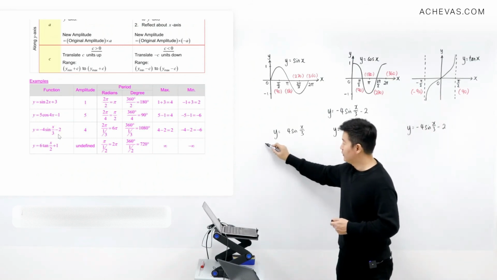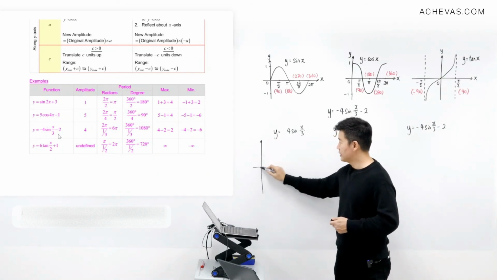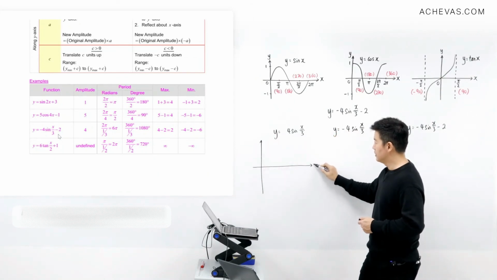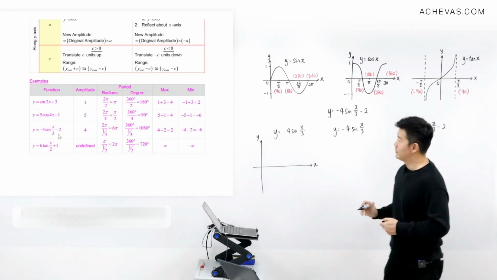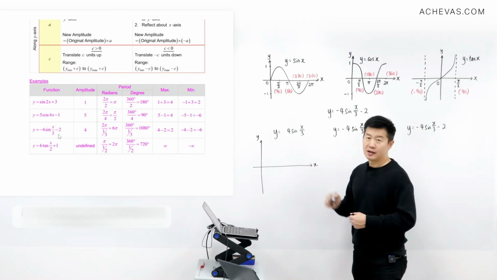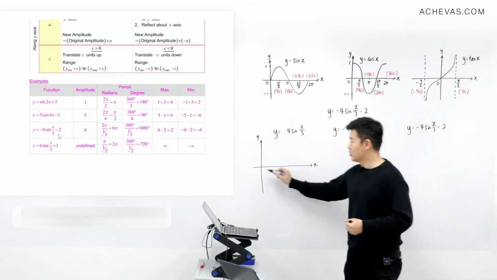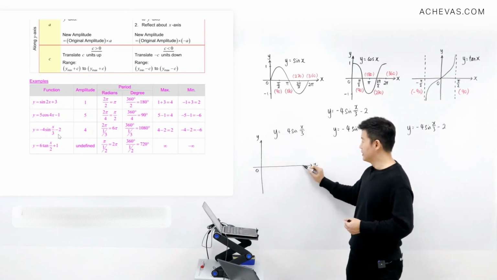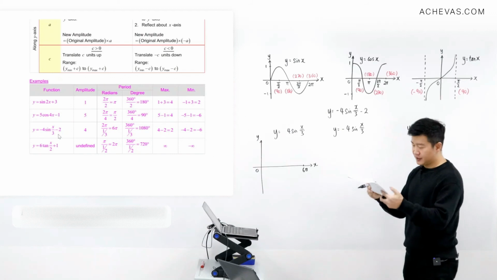So for this graph, the y-axis, the x-axis, okay, so let's say I have this. For this graph, the period is going to be 6 pi. 2 pi divided by 1 over 3, it is 6 pi. So it's going to be from 0 all the way until 6 pi. And I'm going to divide this into 4 parts.